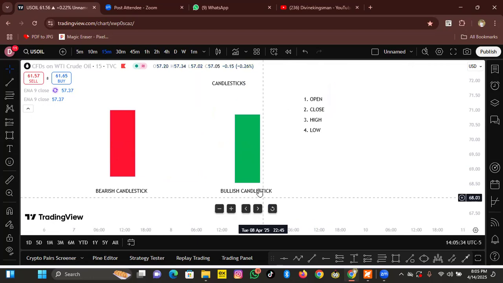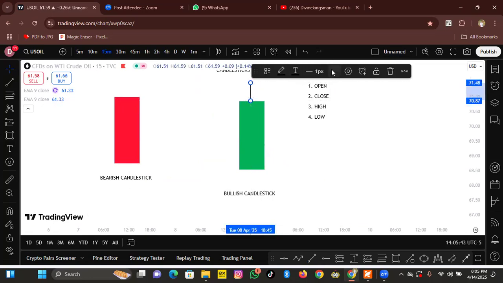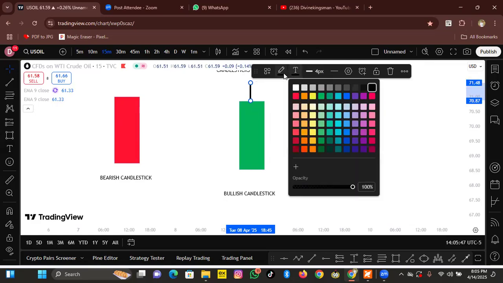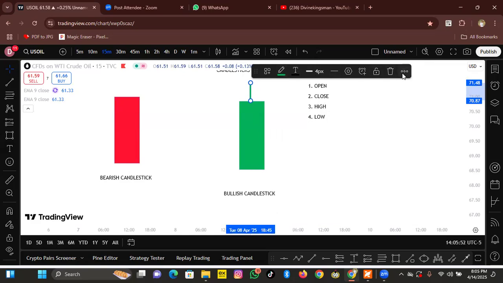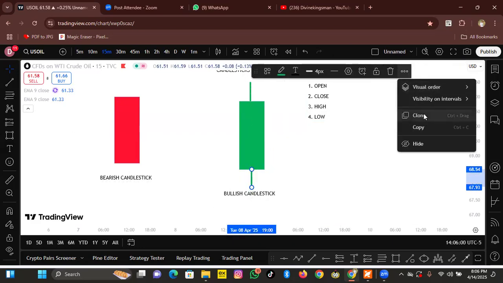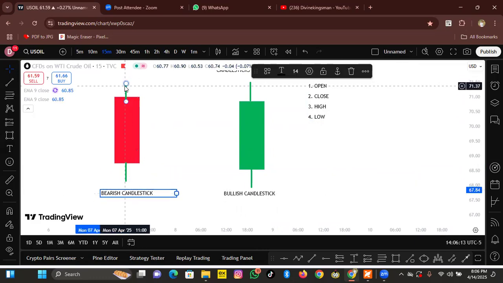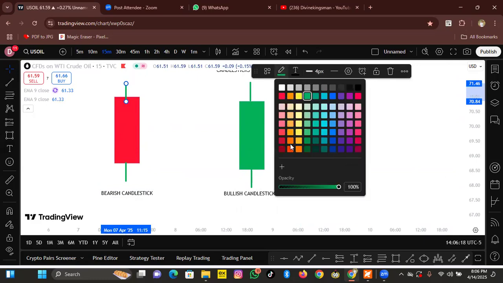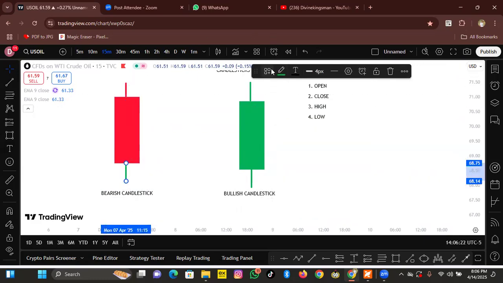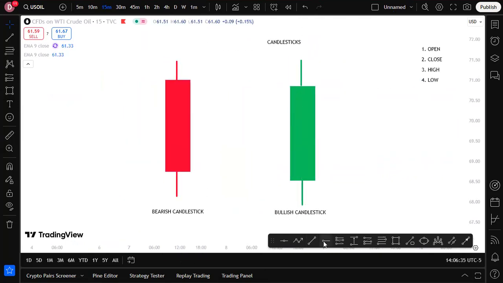So now, for the open price of a bearish candle, the price opened at this point here.